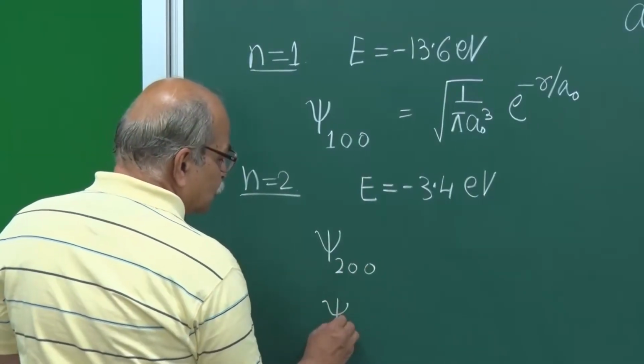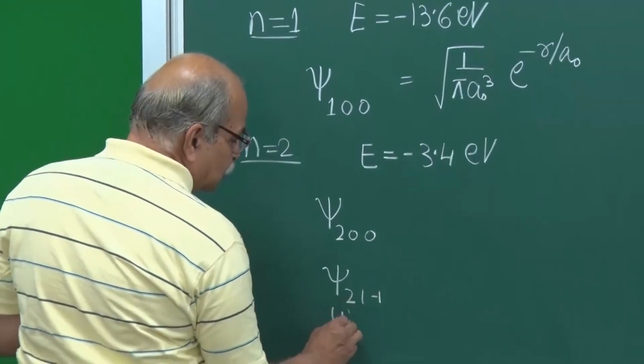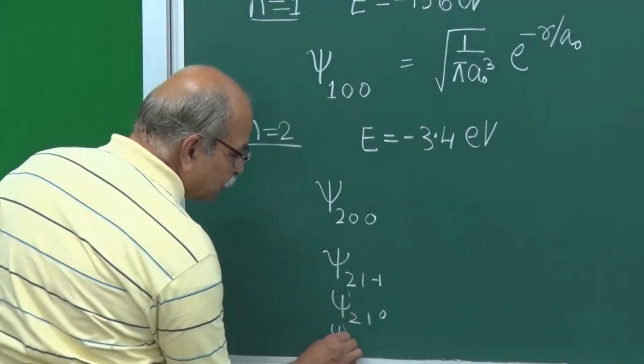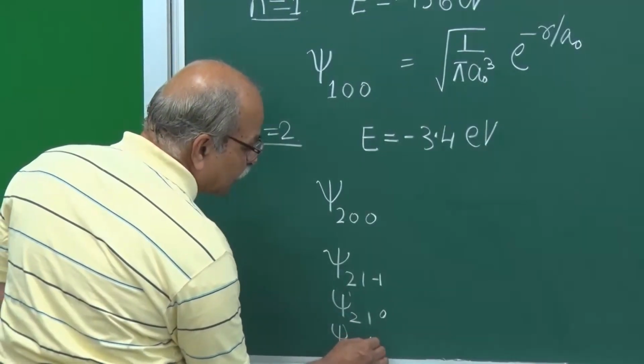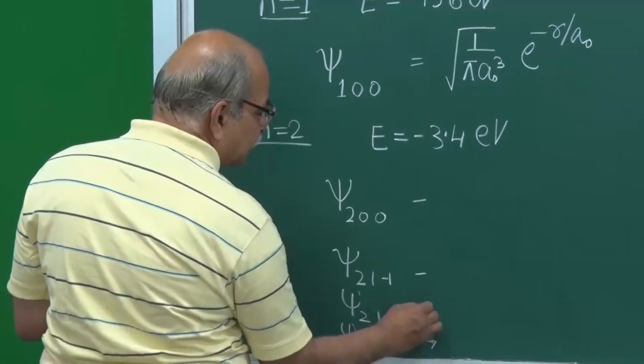Then we write 2, 1, minus 1. Then we write 2, 1, 0. And we write 2, 1, 1.